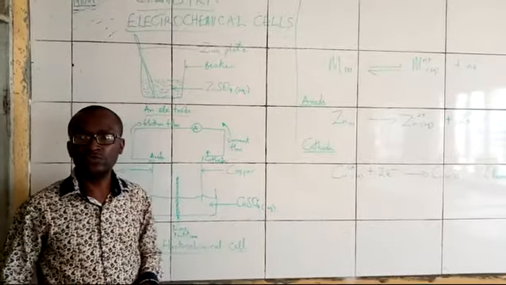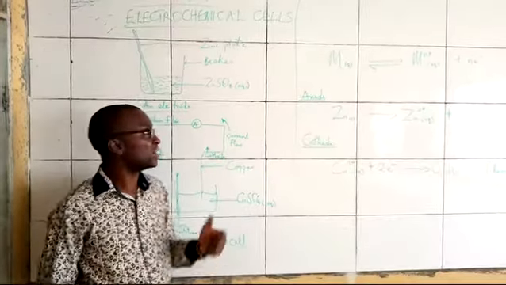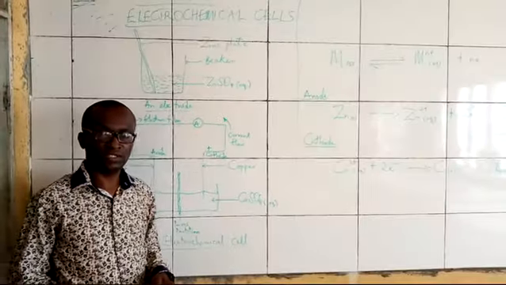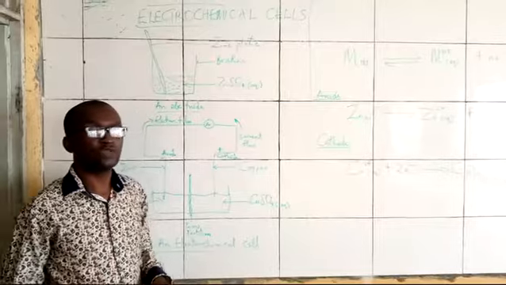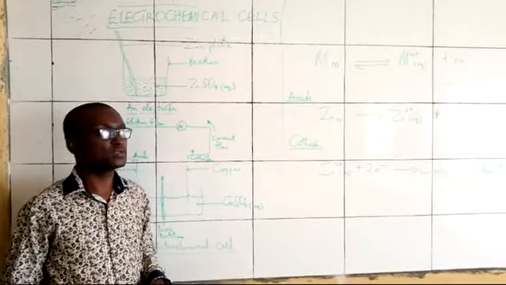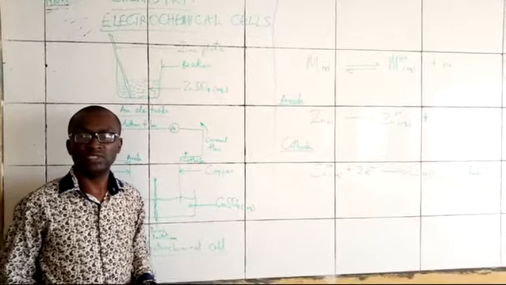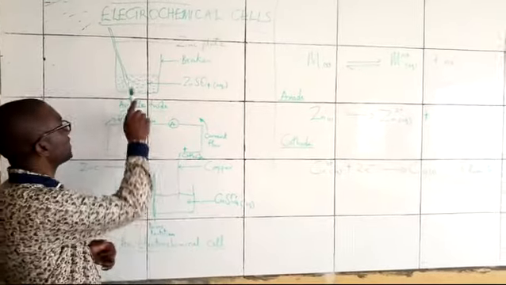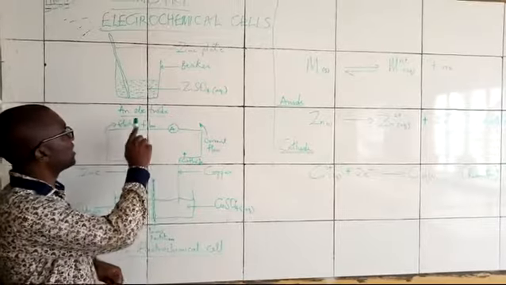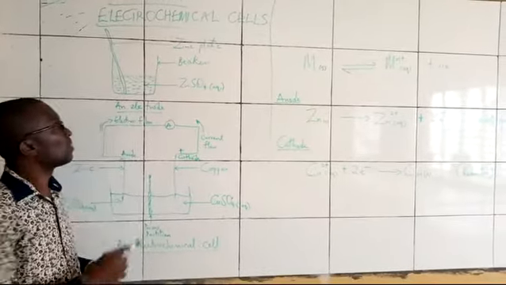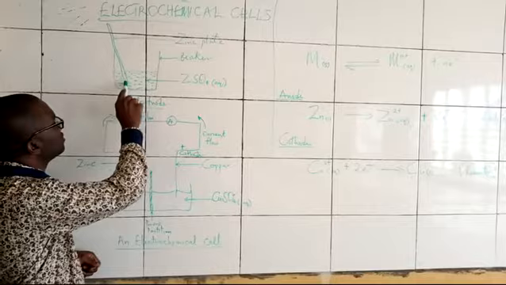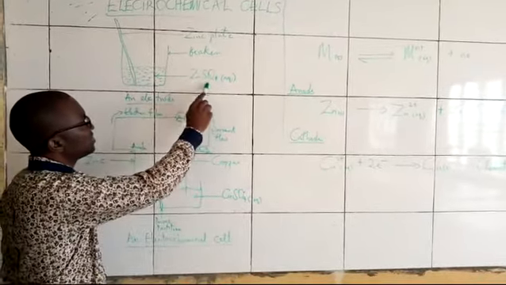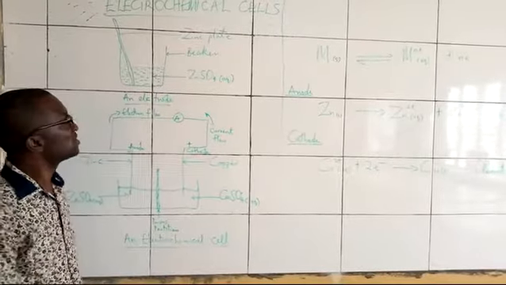An electrochemical cell consists of two half cells, and each half cell consists of a metal strip dipped into a solution of its salt. Like we have on the board, this is an example of a half cell: a zinc electrode or zinc plate dipped into a solution of zinc tetraoxosulfate solution.